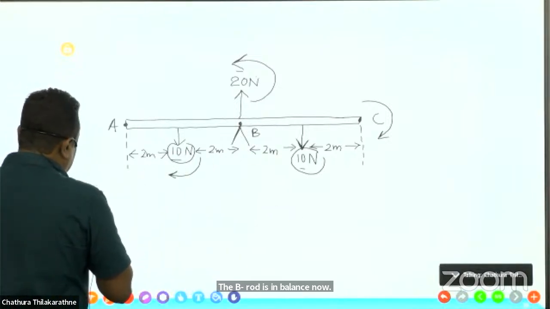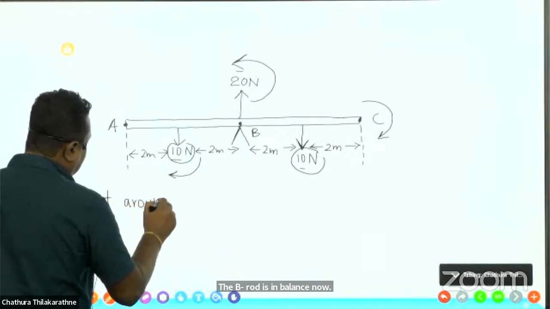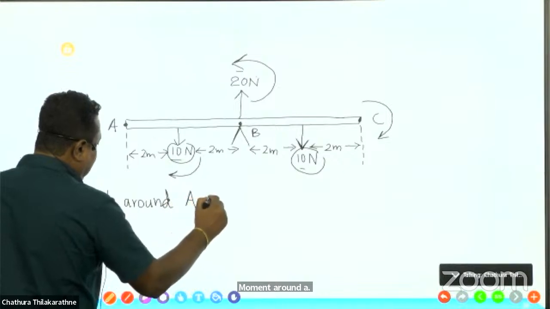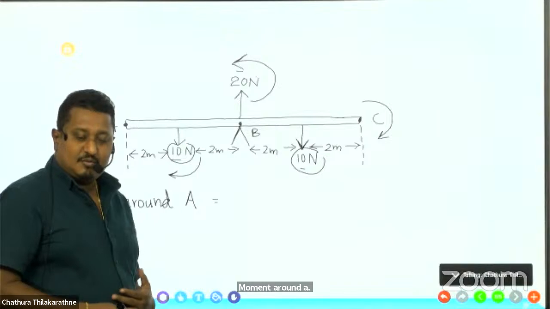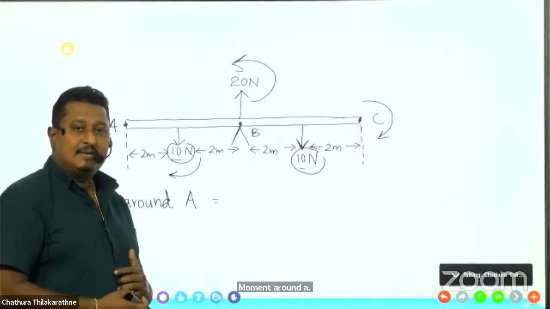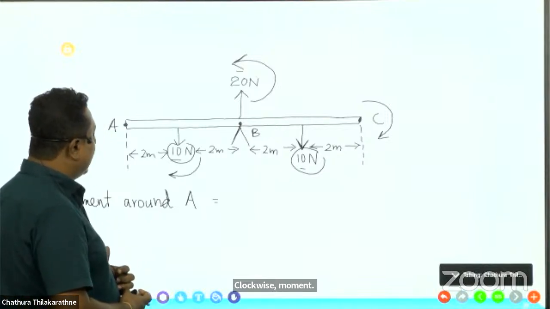Moment around A equals clockwise moment and anti-clockwise moment. What are the clockwise moments?